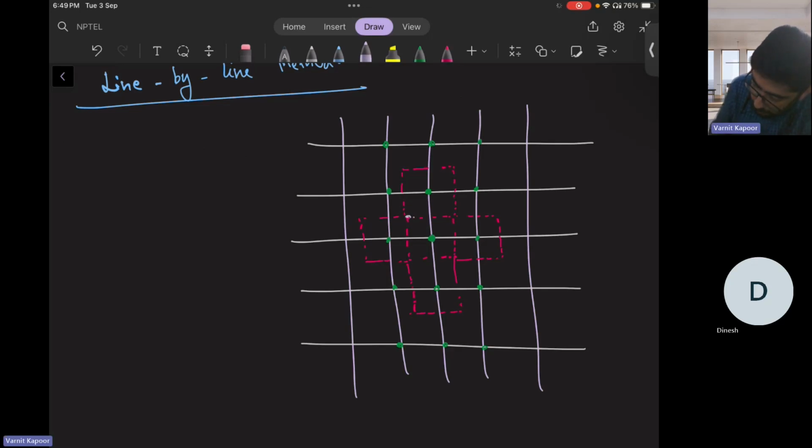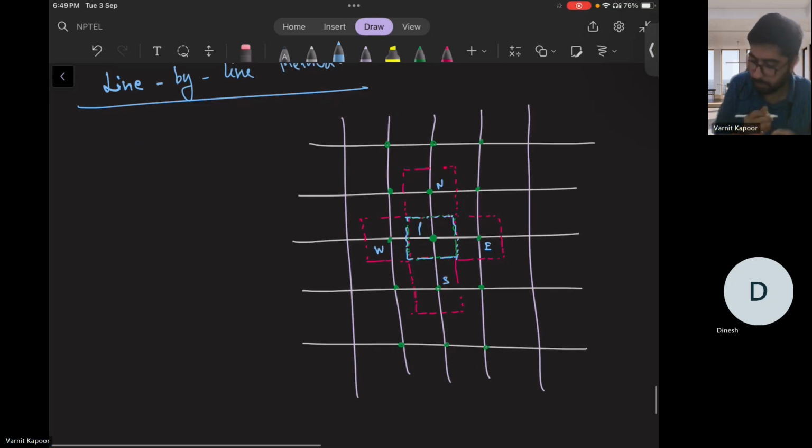This is the control volume of consideration, which has the point P. This is your point P. This is the west node, this is the east node, this is the north node and this is the south.